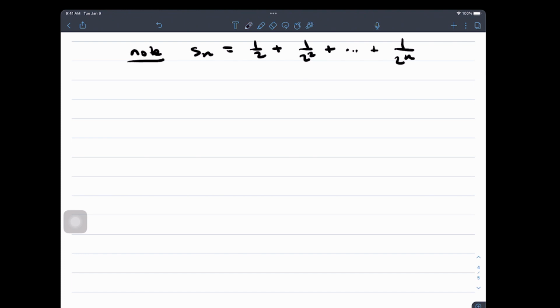Let's get the next term, right? If I said to you guys, what is this? S to the n plus 1. That's the next term. That's 1/2 plus 1 over 2 squared, all the way up to 1 over 2 to the n, 1 over 2 to the n plus 1.